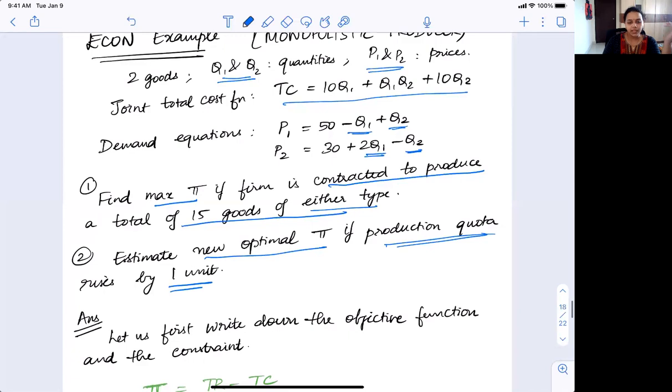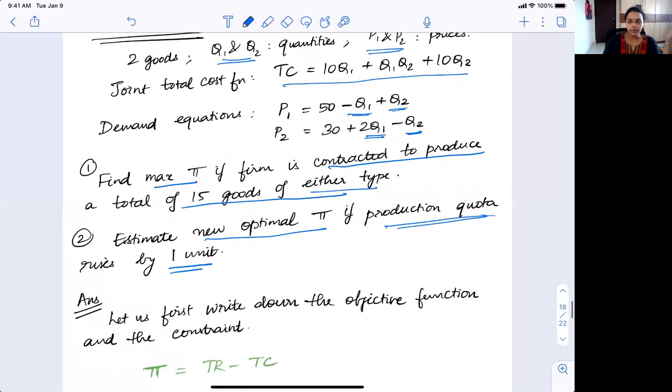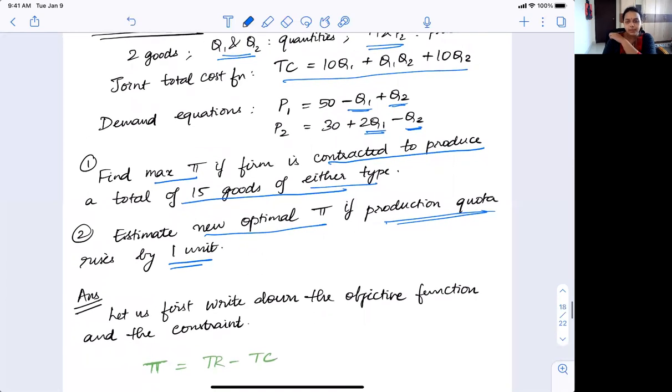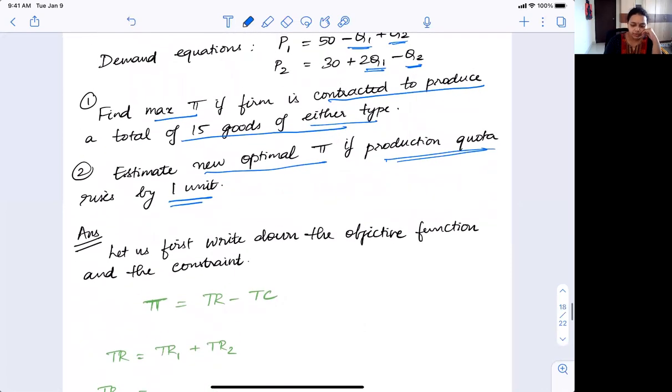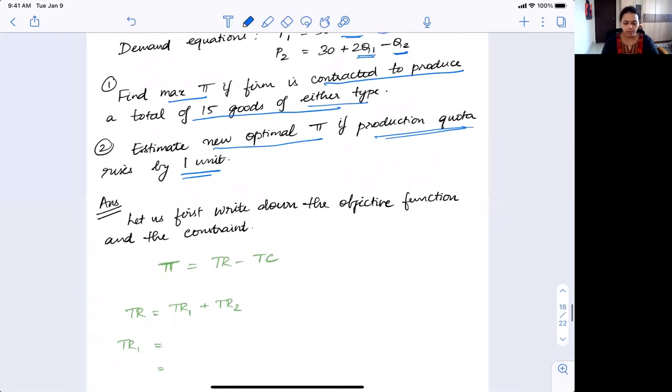So we want to get the objective function first, which is pi, and that is just total revenue minus total cost. And there are steps involved in this process. So let's compute the total revenue first. Now total revenue is going to be the sum of the revenue for each of the two goods. So let's compute what TR1 is going to be.